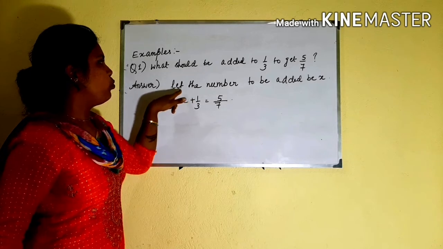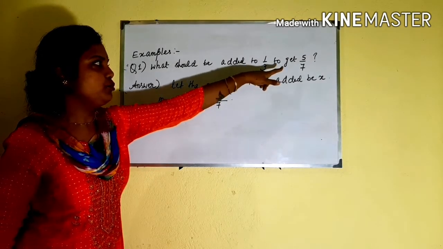This was the question, what should be added to 1 by 3 to get 5 by 7?